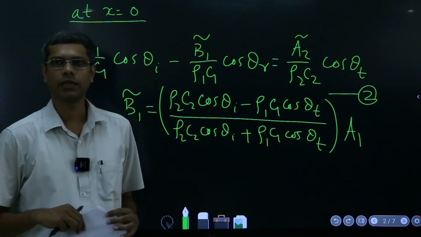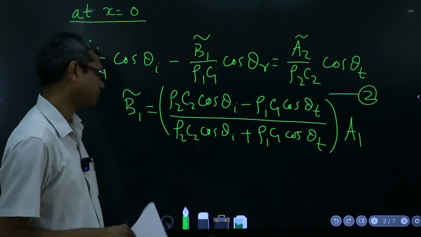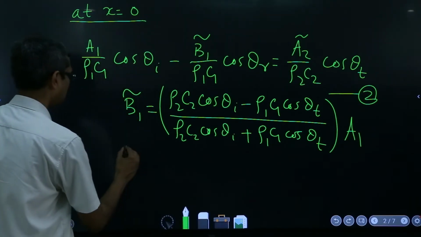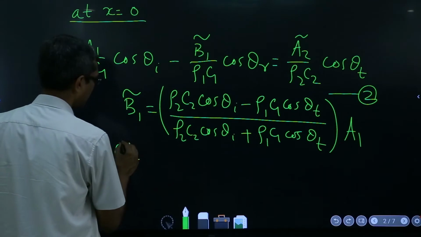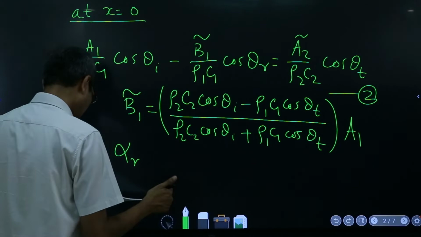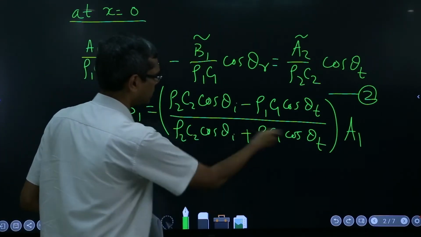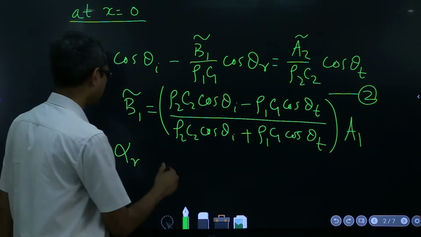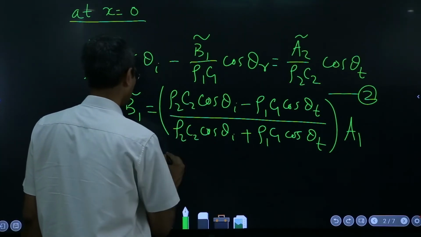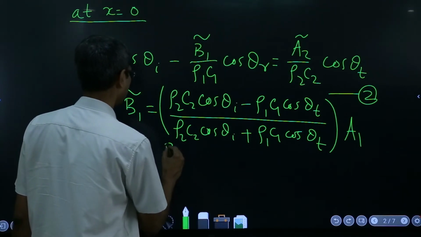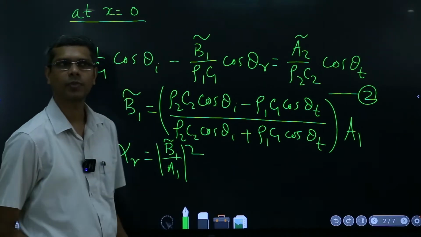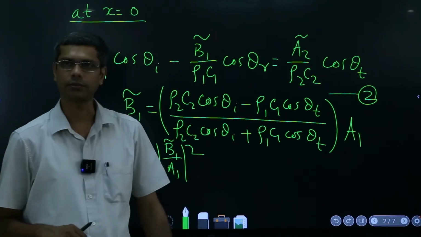Okay. So that basically gives you alpha r, the reflection coefficient. Now, that will be just the square of this. I won't write it again. So this is nothing but B1 over A1 squared, which is the square of this bracketed term.